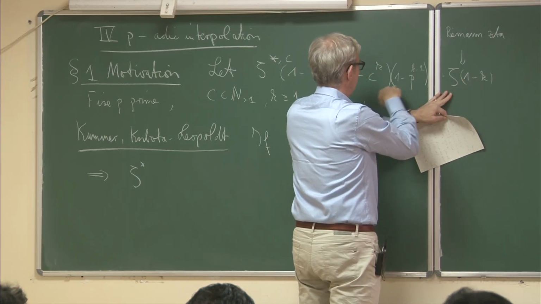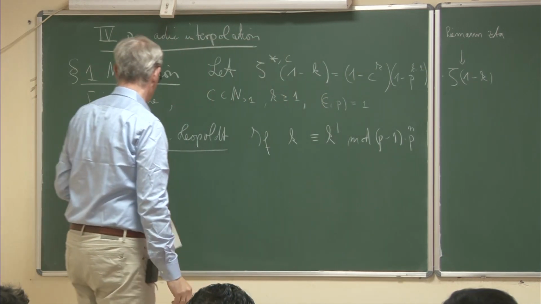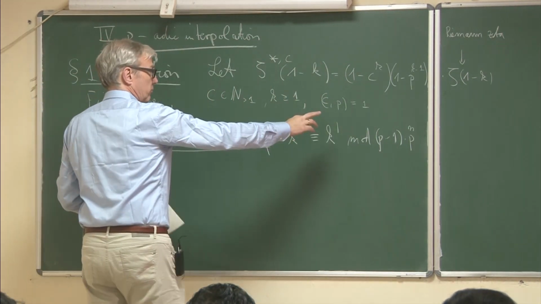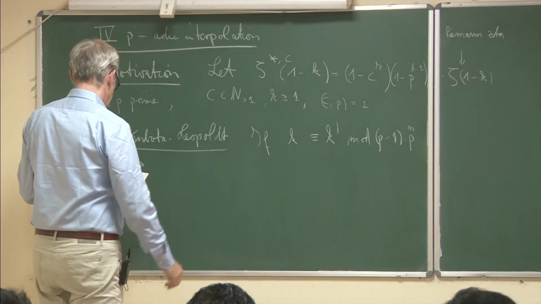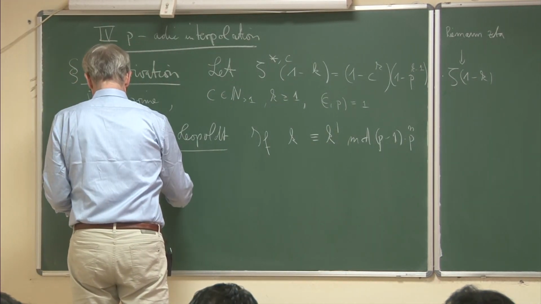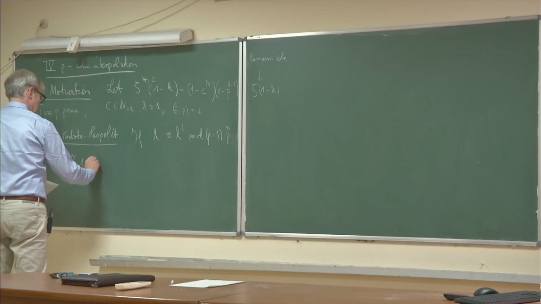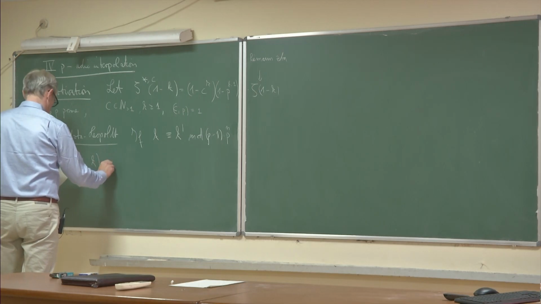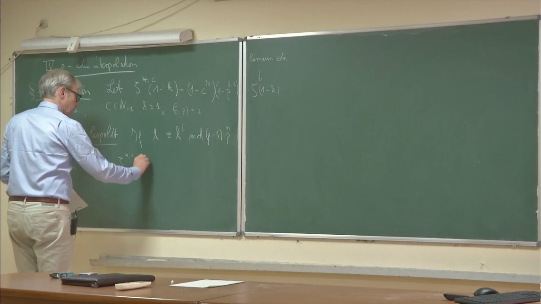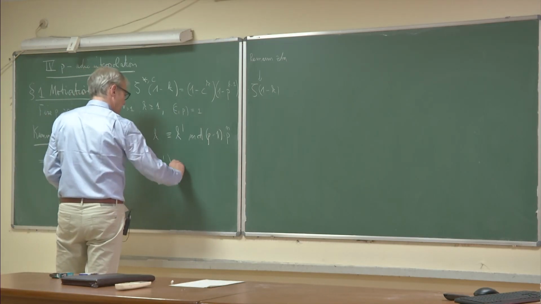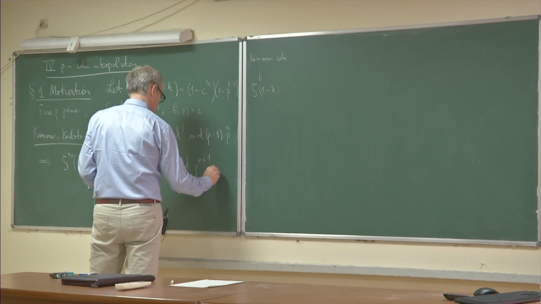So we modify them, and this modification exactly makes this integral. And you also remove what is called the Euler factor at p. And if you do this, then these modified values satisfy the following congruence. This is congruent to the zeta value at 1 minus k prime modulo p to the n plus 1. Yeah?